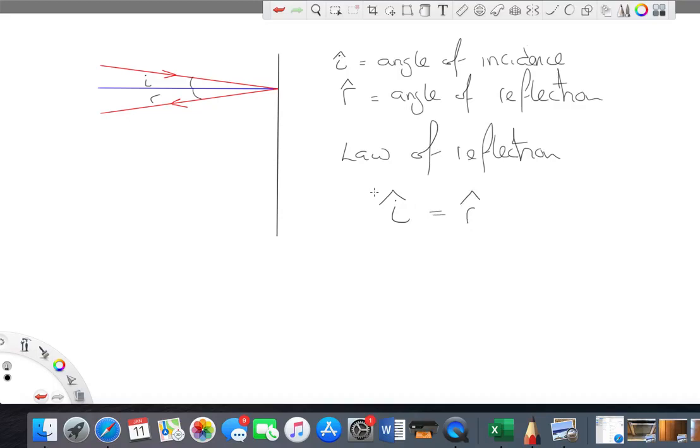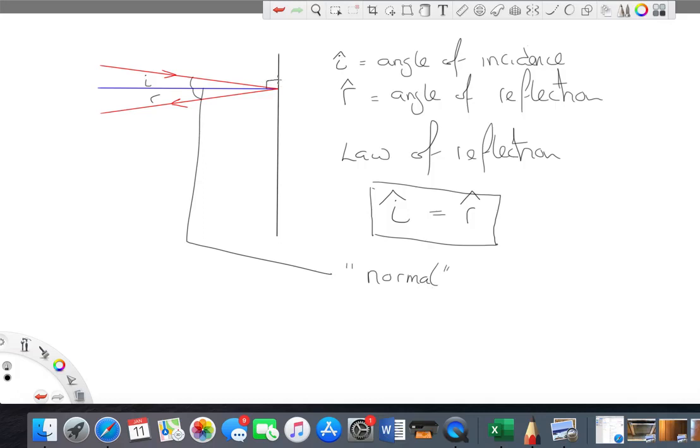Now, something else just to remind you of, sorry about the crazy box. This line here is called the normal. Again, this is not news to you, but normal is an old word for at right angles to.